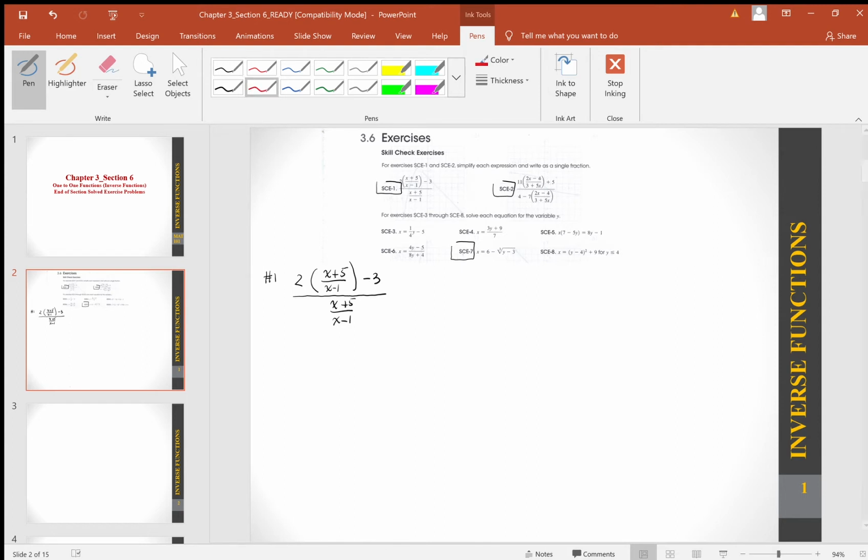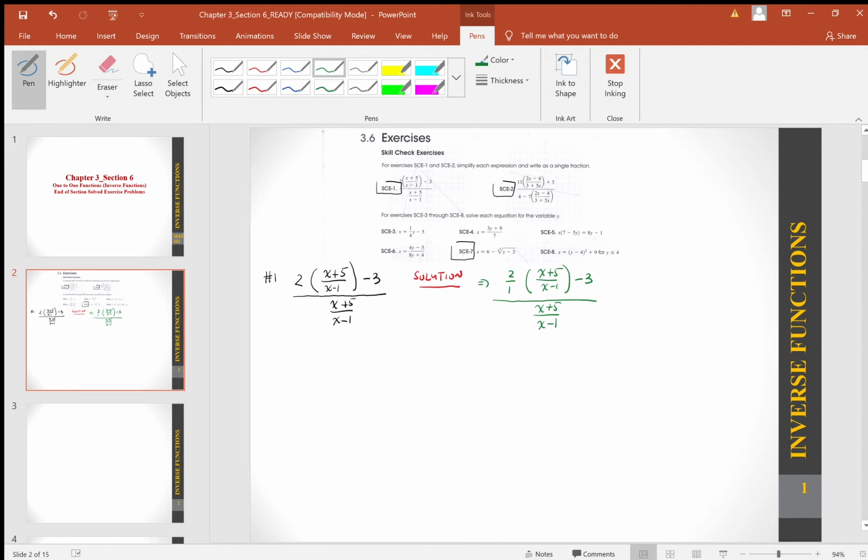For our solution, you typically want to just rearrange it. It's going to be 2 over 1 times x plus 5 over x minus 1, minus 3, divided by x plus 5 over x minus 1.